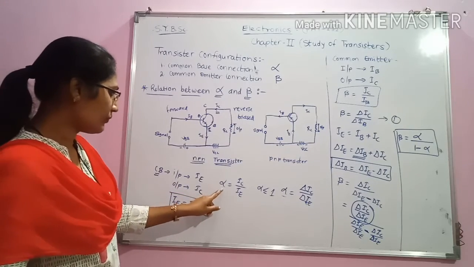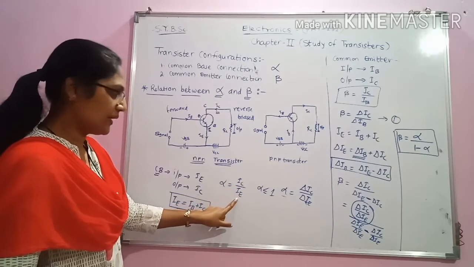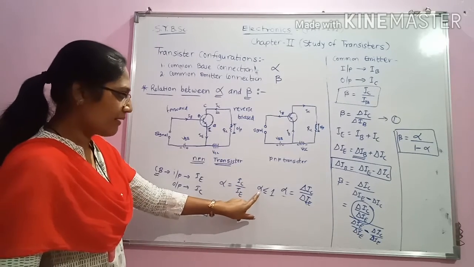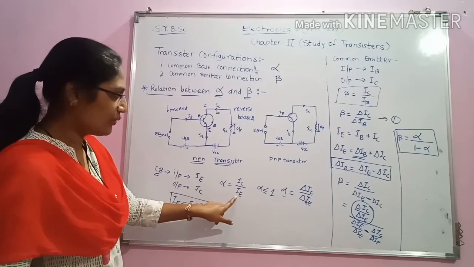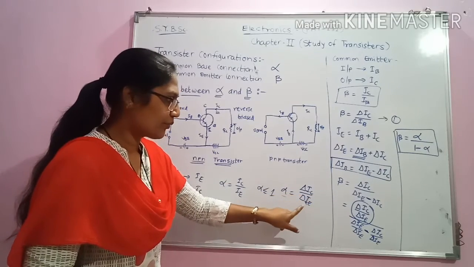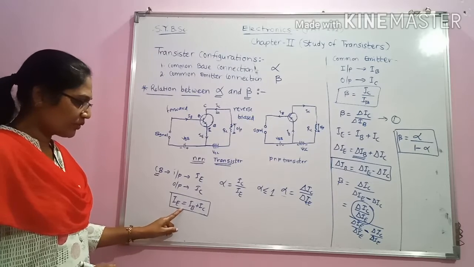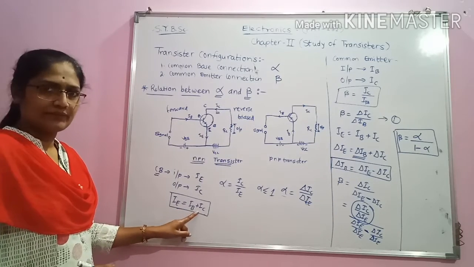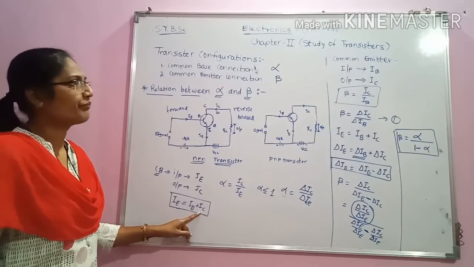So alpha is equal to IC upon IE. Now it is correct. And alpha is less than 1 as IE value is greater than IC. Alpha is equal to delta IC upon delta IE. Also, IE is equal to IB plus IC.